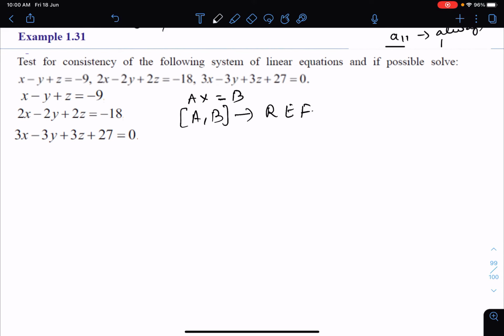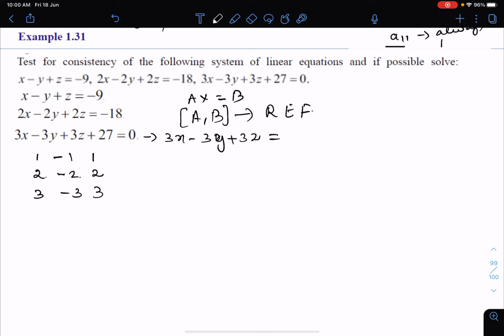As I told you, we will write our Ax equal to B. First equation: 1, minus 1, 1; second: 2, minus 2, 2; third: 3, minus 3, 3. In the third equation, you bring this 27 to the other side. I forgot to tell you, you have to check all the equations: your constants should be only on the right hand side.